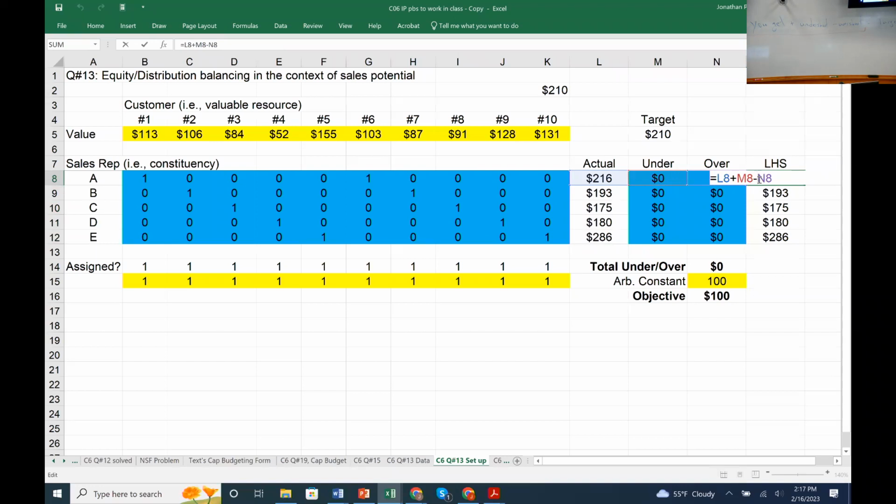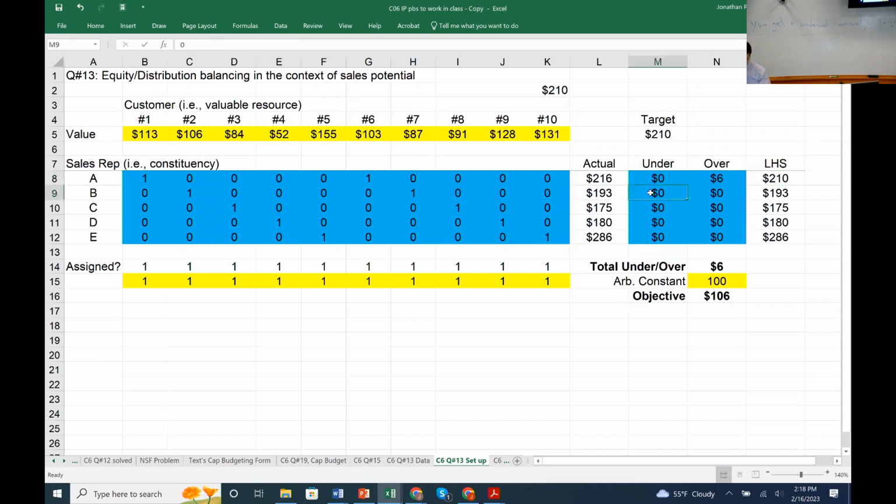When I do that, Excel will use the flexibility I permit it by making those cells blue to fill in the numbers that will satisfy the constraint. So it will say, oh, for this set of X's, that number is 216. That's over by 6. So it will fill in 0 and 6 so that this is equal to 210.